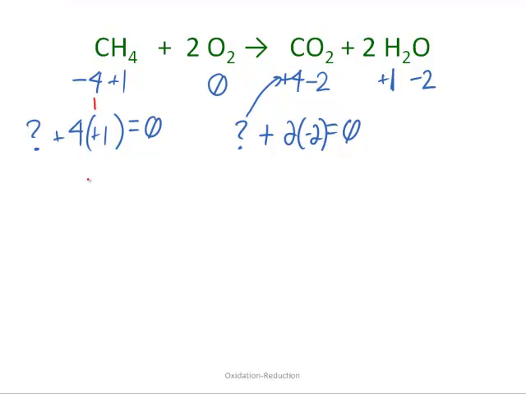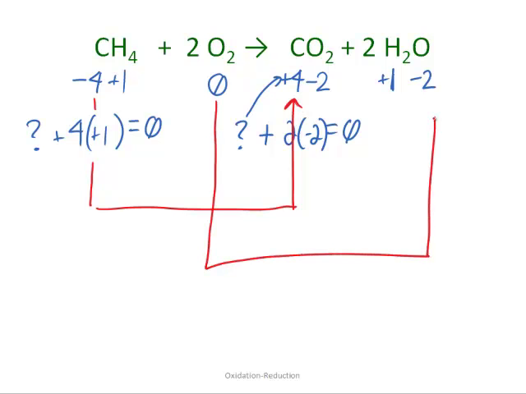Okay? So now we can easily look at what has changed. We know that carbon went from a -4 to a +4. Okay? And oxygen has gone from a 0 to a -2. It doesn't matter which oxygen, it has definitely changed. Okay, so now that we know our oxidation state has changed, we're going to try to determine if these elements have lost or gained electrons based on their change in oxidation state.